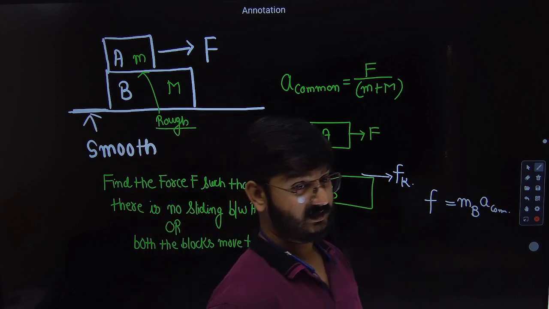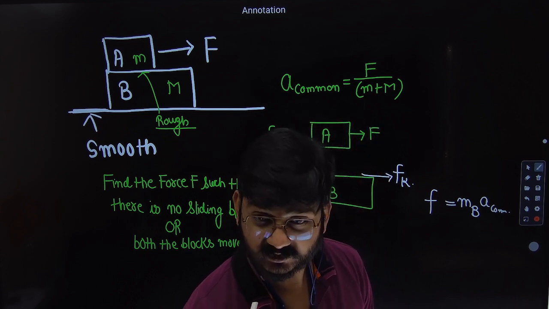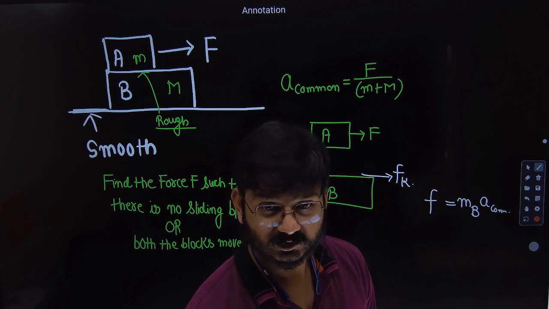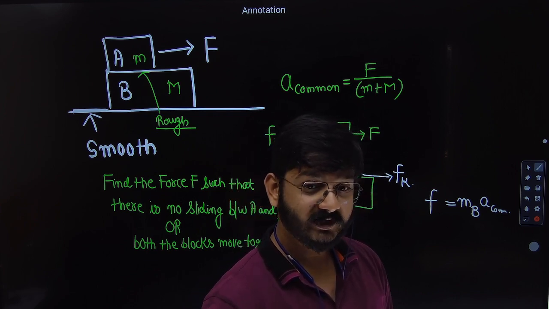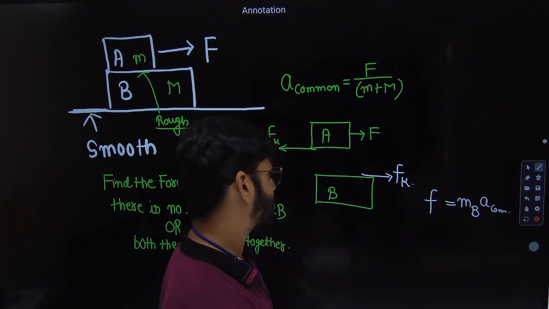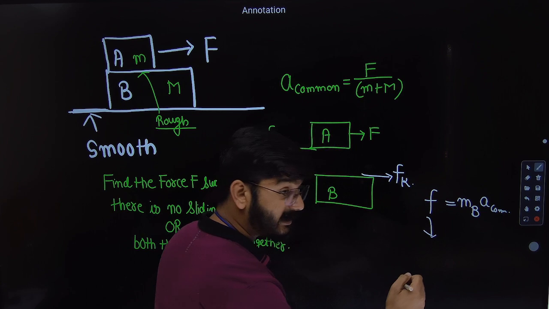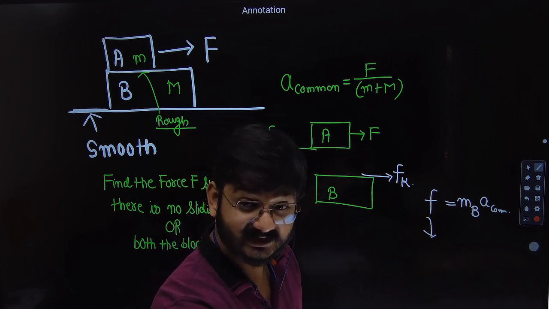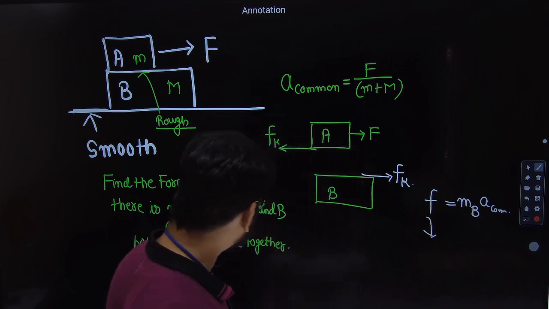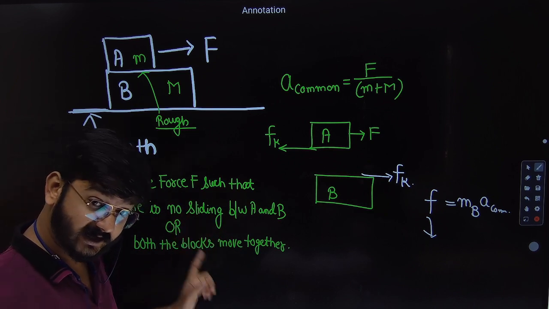I'm repeating again. If there is no sliding, correct? Moving together means no sliding. So the force should be greater than Fs max or less than Fs max? Less. Because the moment it is greater than Fs max, there is sliding. Here it is written that, boss, I don't want any sliding. I want them to move together.